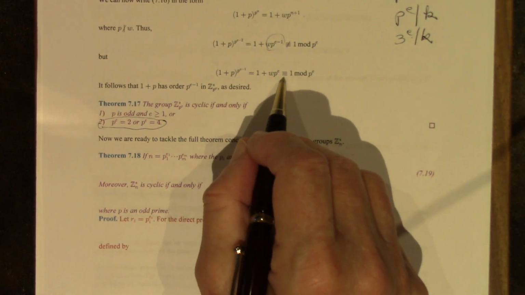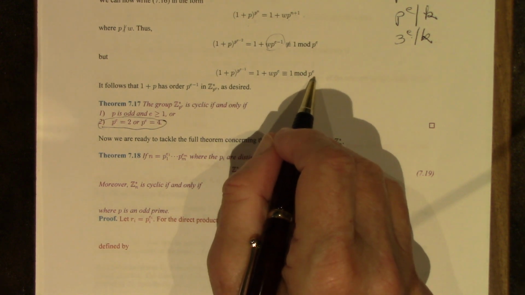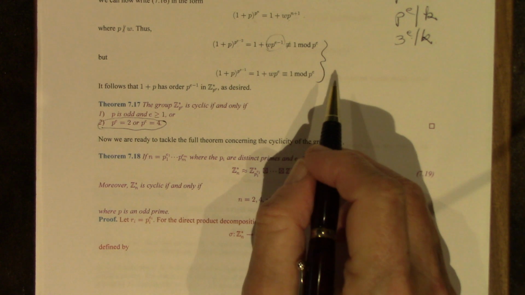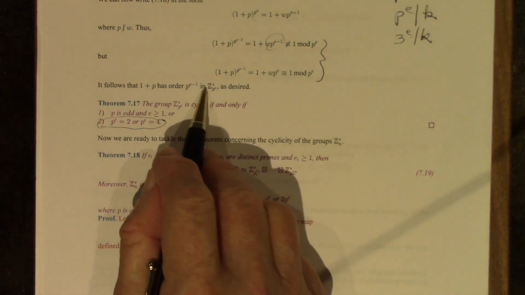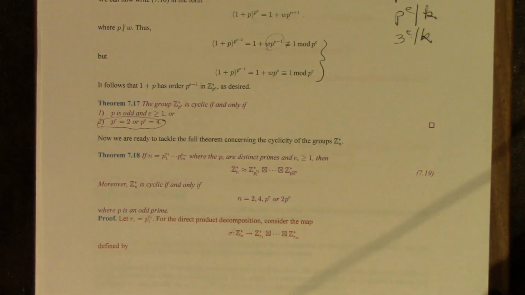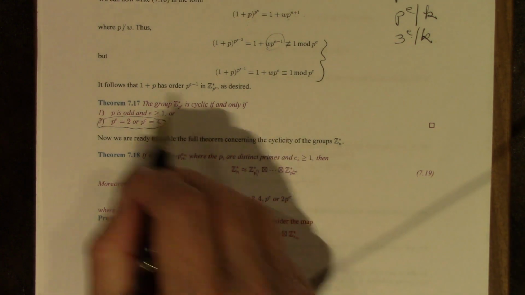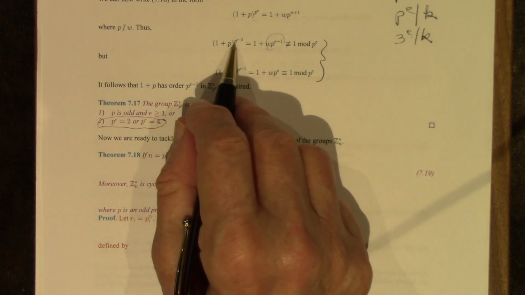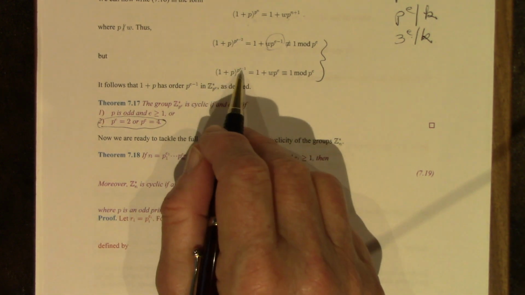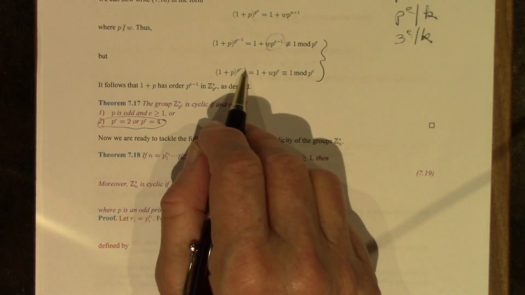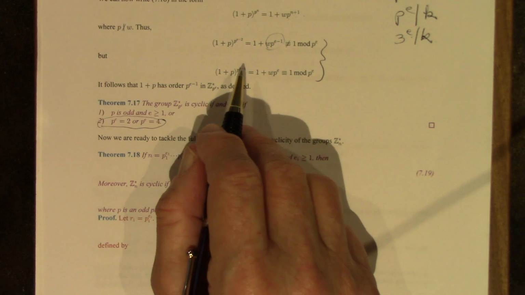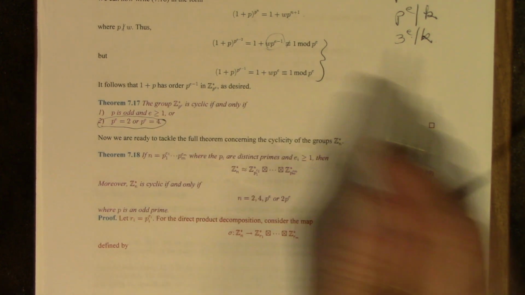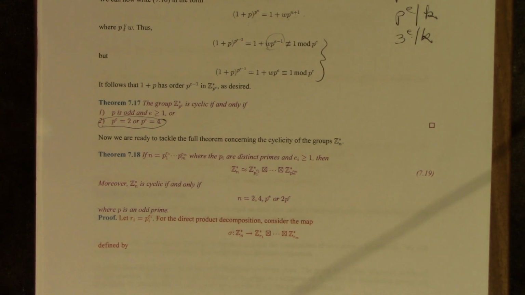Now this is congruent to 1 mod p to the e. So these two say that in the group Z sub p to the e star, 1 plus p is not annihilated by p to the e minus 2, but it is annihilated by p to the e minus 1. So the order of this element is p to the e minus 1, which is what we were looking for.